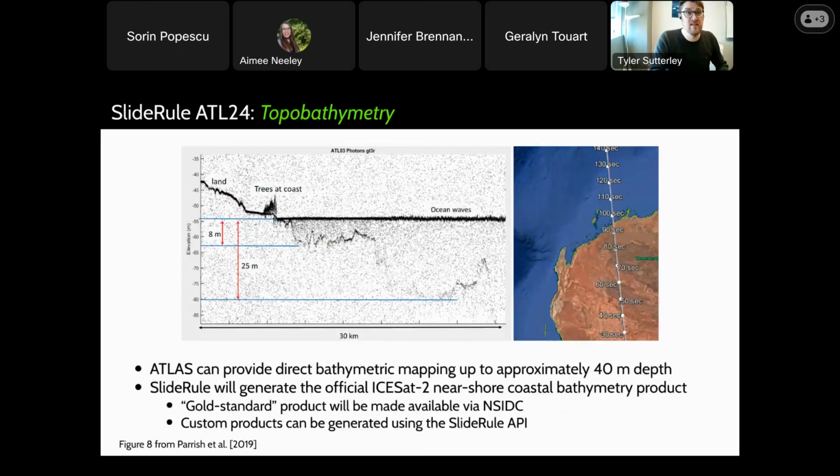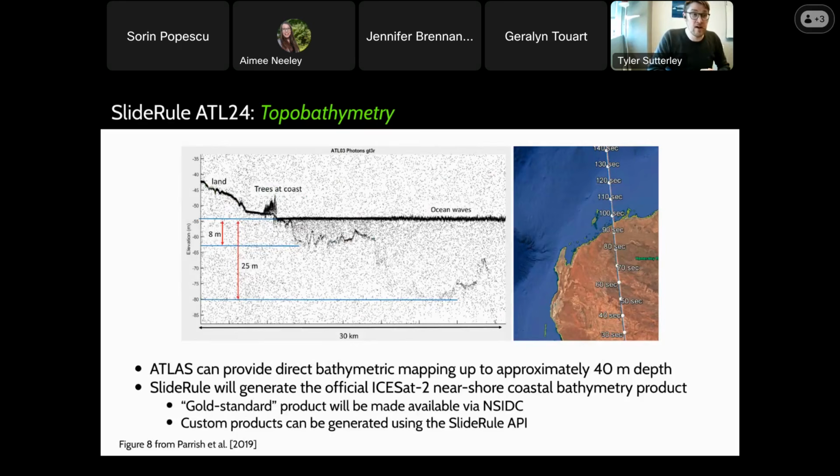A very exciting thing that we are working on really hard and is going to be released soon is topobathymetry. ICESat-2 is green, 532 nanometers, which means that it actually penetrates through clear seawater and lake water in order to measure what the ocean floor and sea floor looks like to tens of meters of depth.